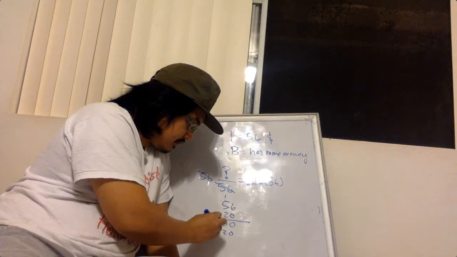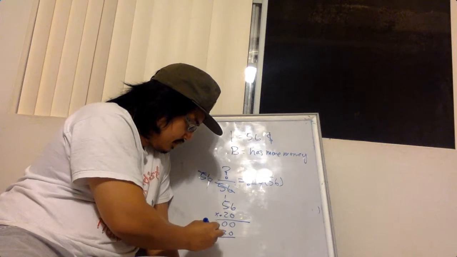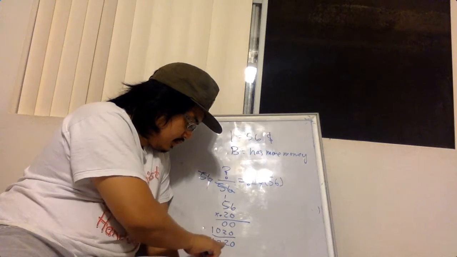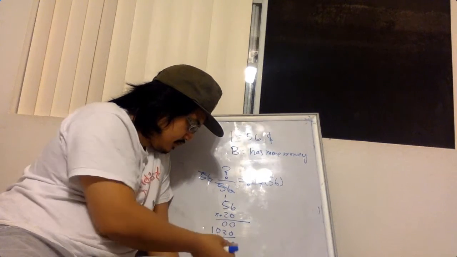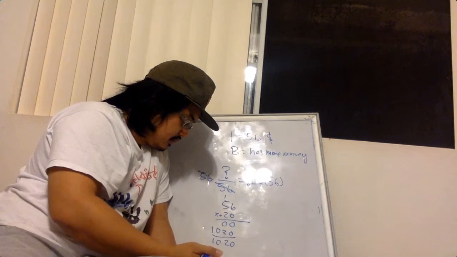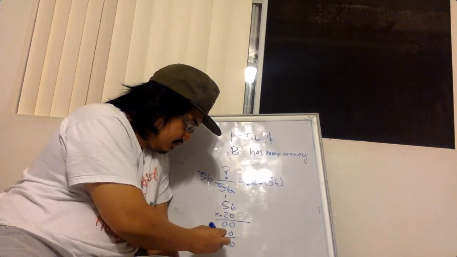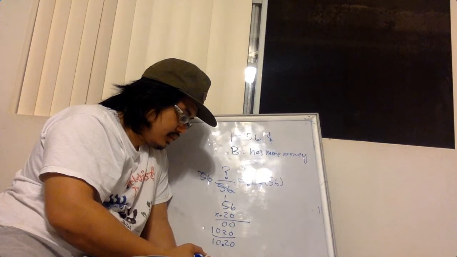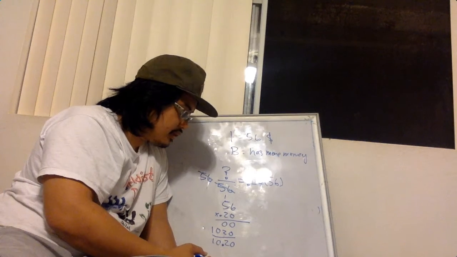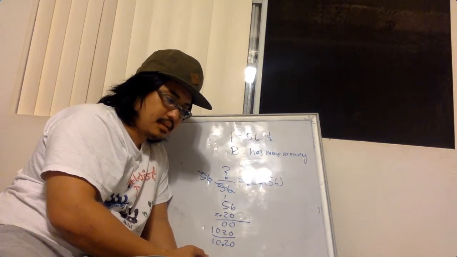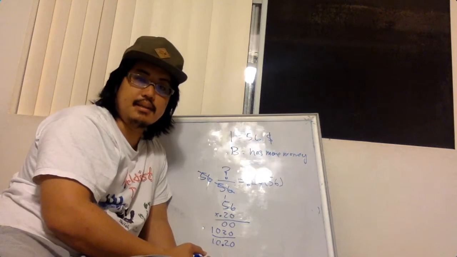So my answer is 1020, because I add it all up and down. And then I account for those extra two decimal places, so I have $10.20. So my answer is $10.20.